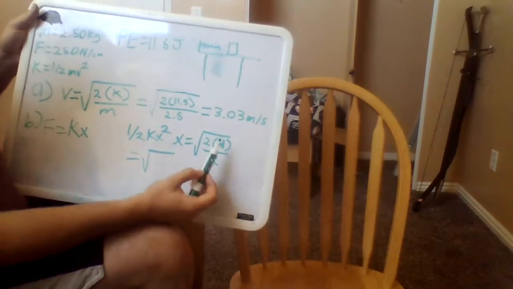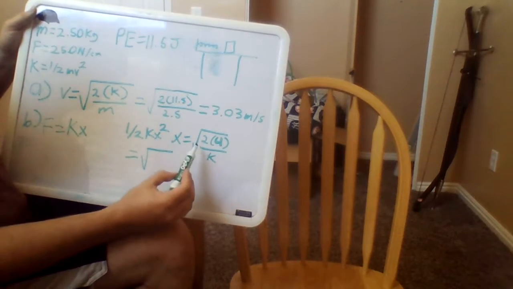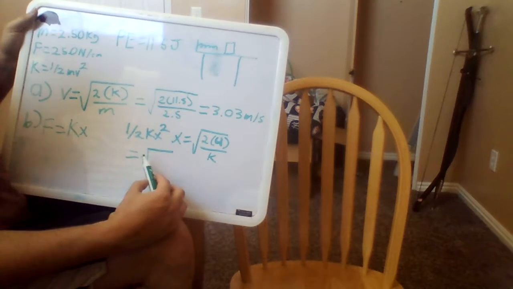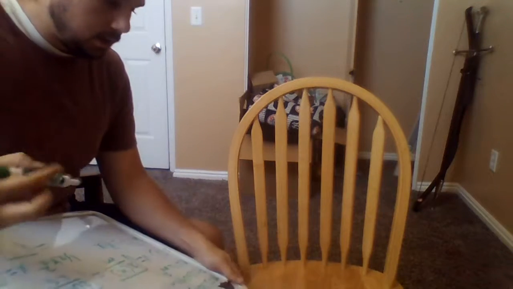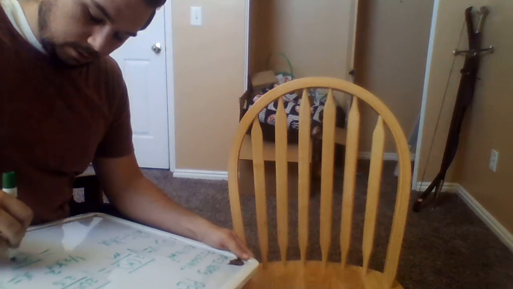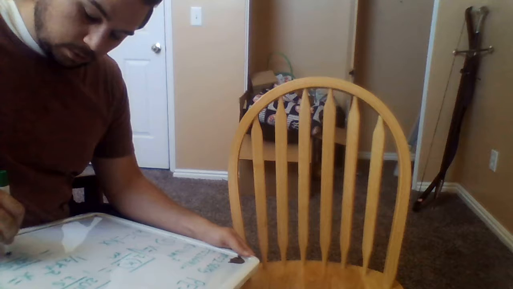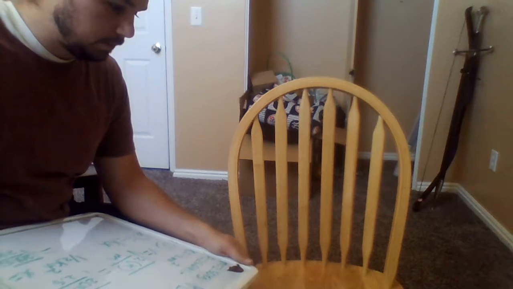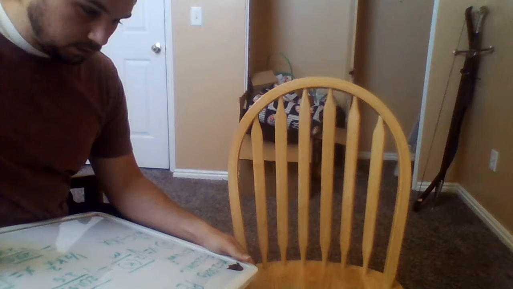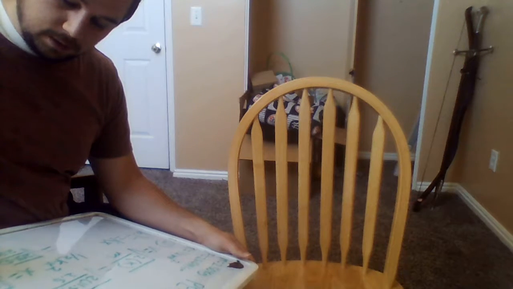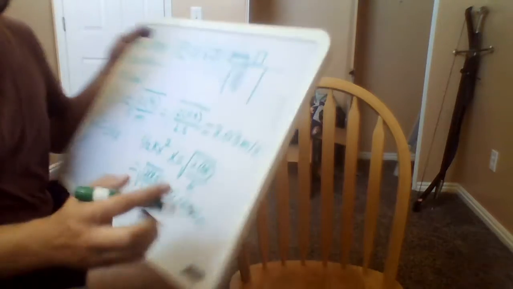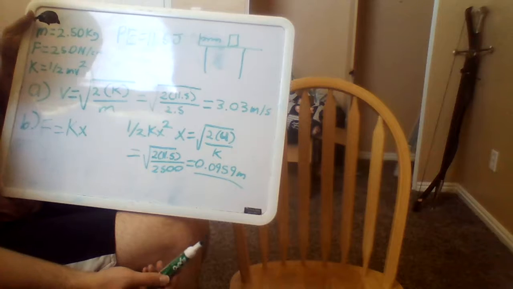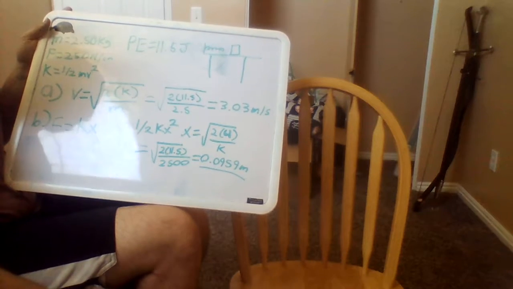So this is a U, by the way, not a 4. So x equals the square root of 2 times our potential energy over K. And so it's going to be 2 times 11.5 all over 2,500 because we converted from centimeters to meters. And that comes out to 0.0959 meters.